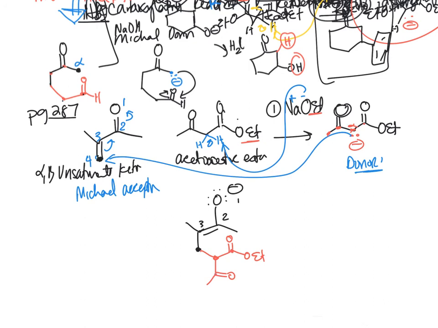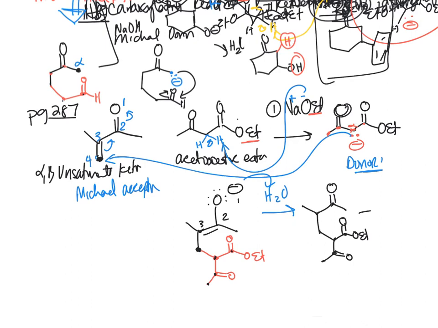Of course, this would pretty much pick up water, and then it would undergo enol tautomerization. So I will just go ahead and draw that. Okay, and then we count carbons, 1, 2, 3, 4.